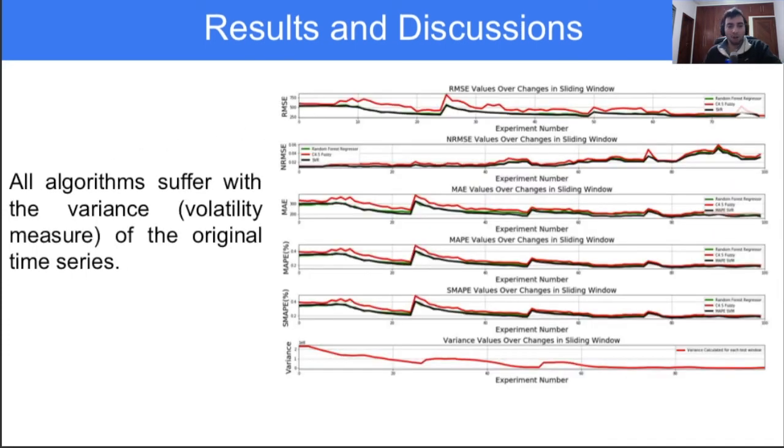Also, we can see that all algorithms suffer with the variance, which is a volatility measure. And we can see that all metrics, the RMSE, the normalized RMSE, the MAE, the MAPE, and the SMAPE, have some sort of correlation with the variance curve over the experiments.